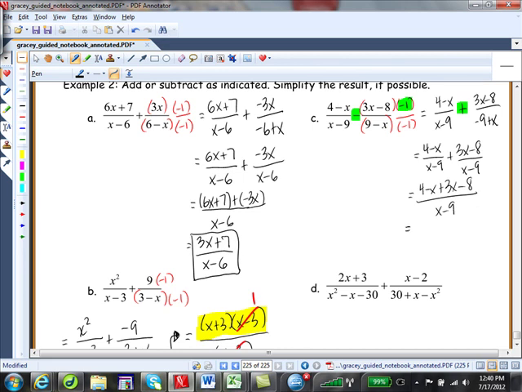So then negative x plus 3x is 2x, and 4 minus 8 is negative 4. And then we'll have that over x - 9. And then factoring the numerator, we get 2 times the quantity (x - 2) over (x - 9). There's no common factors, so this is our final result.